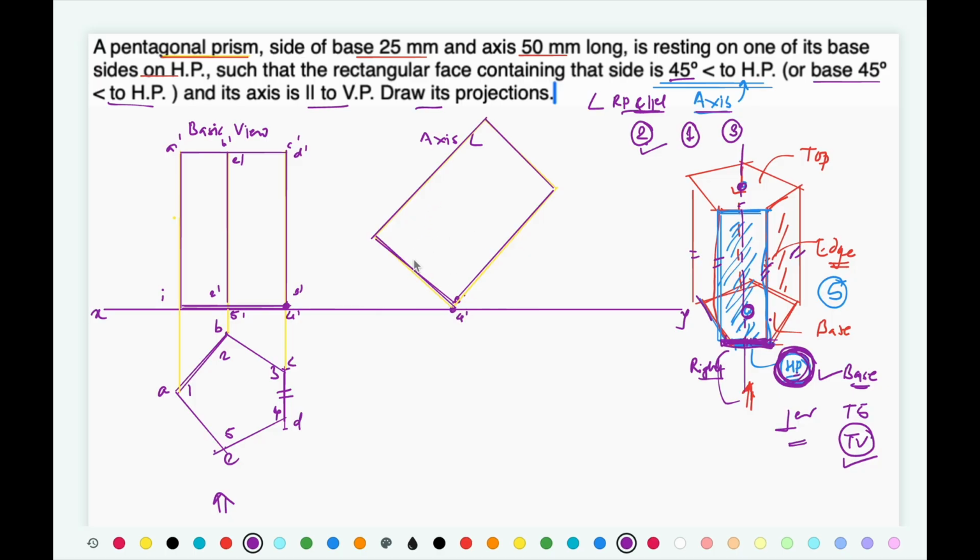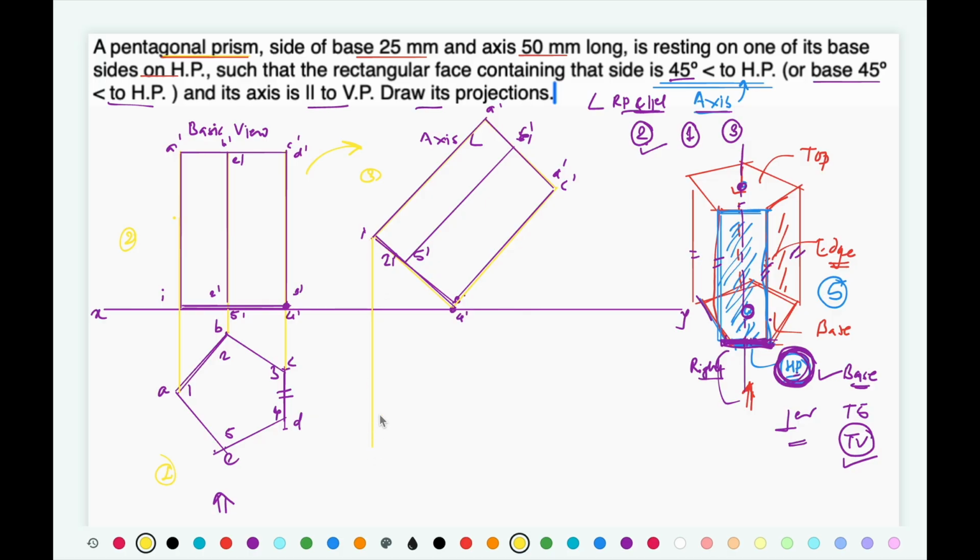Then look at this intermediate line also. Provide the nomenclature A dash, B dash, C dash, D dash, E dash, 1 dash, 2 dash, 3 dash, 4 dash and 5 dash. Okay, so this is step number 1, step number 2, step number 3. Just we have changed the orientation of the view without changing its dimensions.